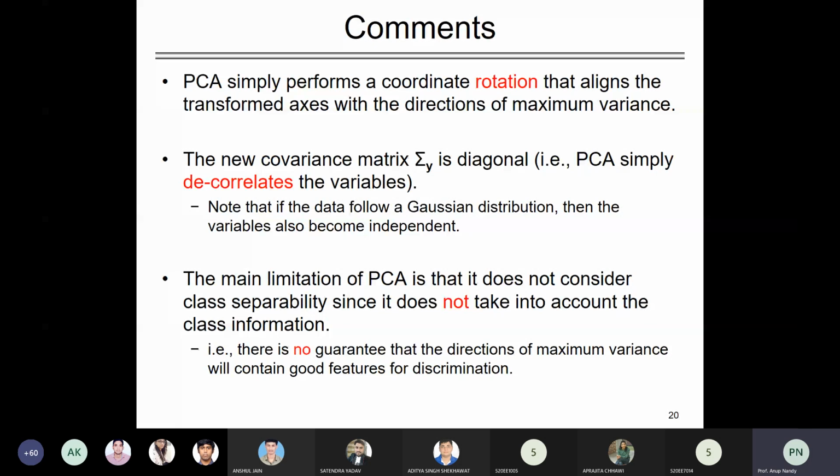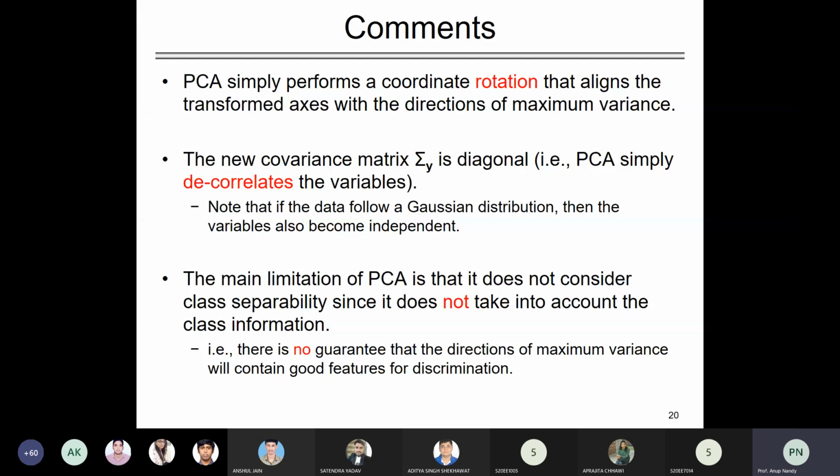Okay, so you can think of it in this way. The rotation aligns the transformed axes with the direction of maximum variance, and the new covariance matrix is diagonal; that is, PCA simply decorrelates the variables.